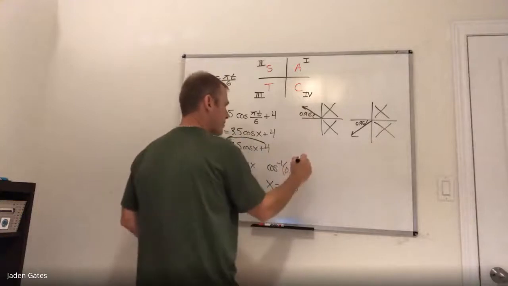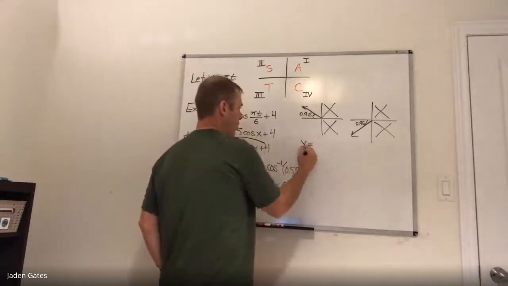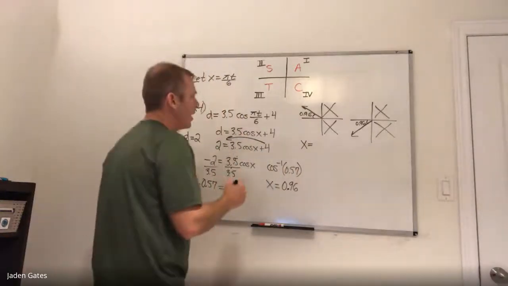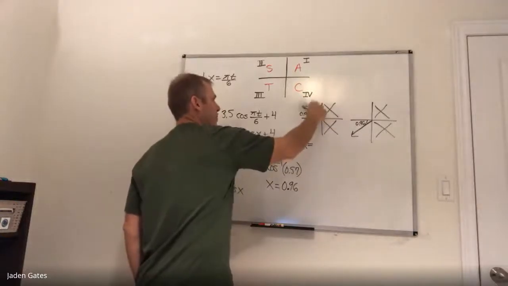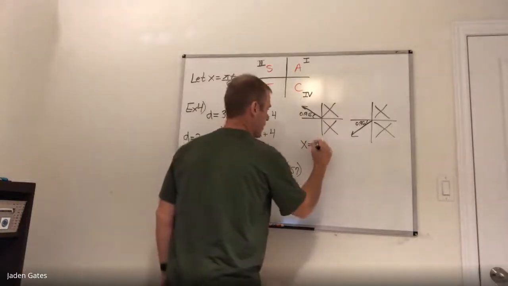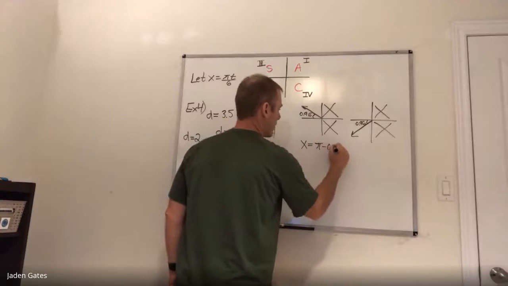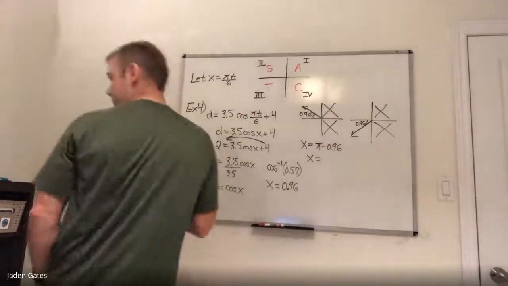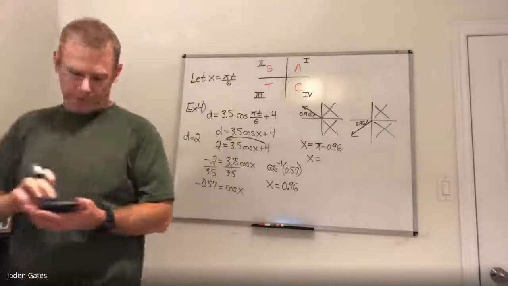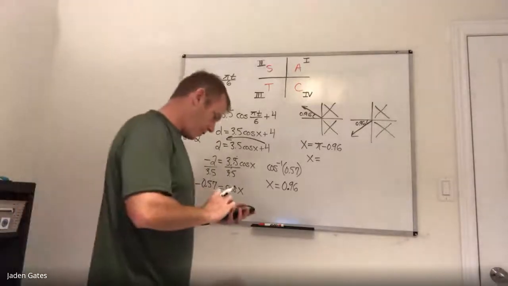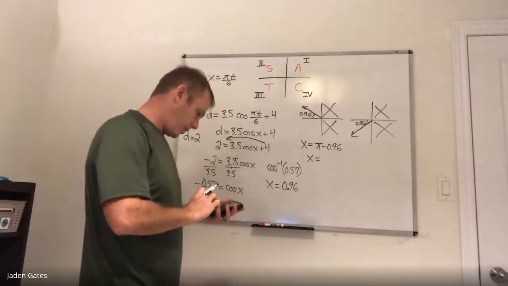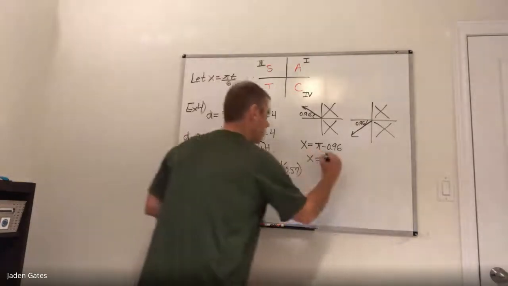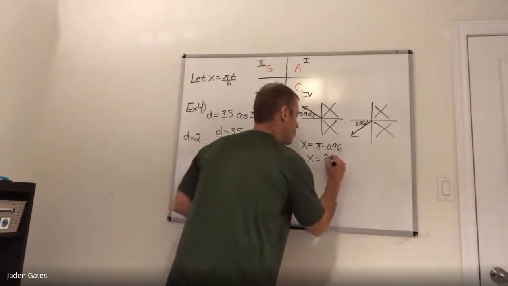To find x, I go 180 degrees, pi, and back up 0.96. So pi, 3.14, minus 0.96 is 2.18. That's one answer so far.